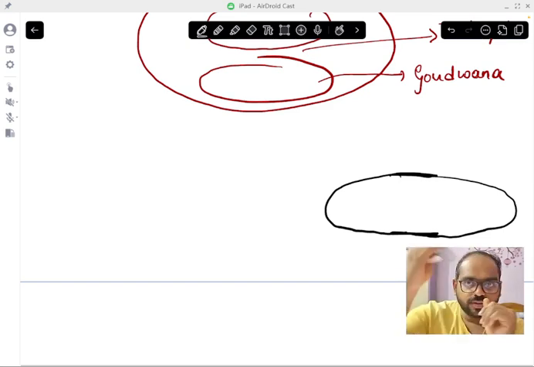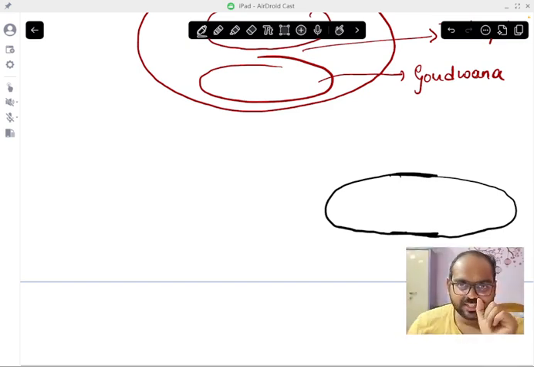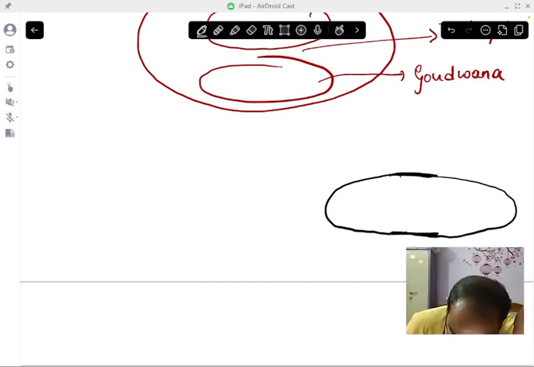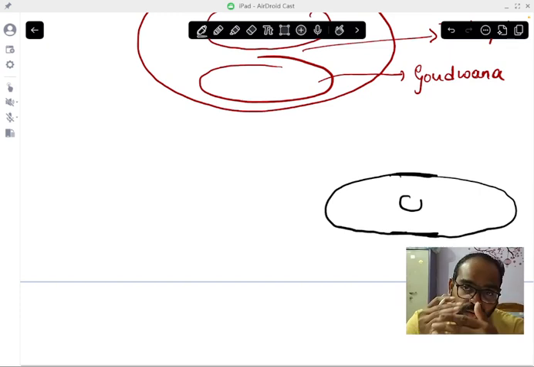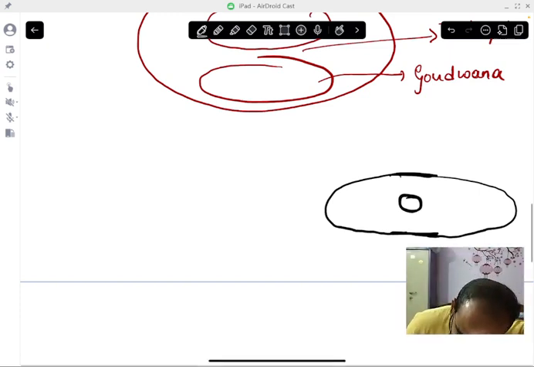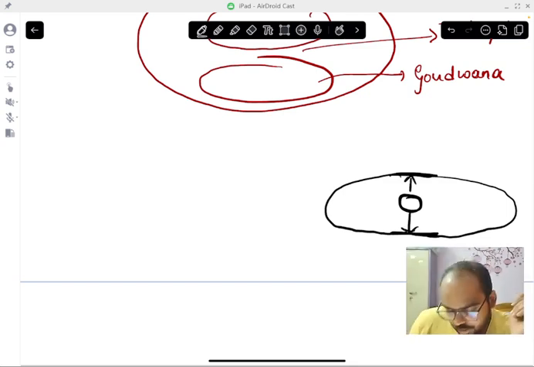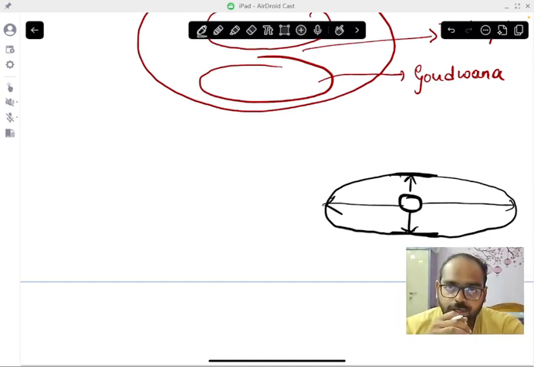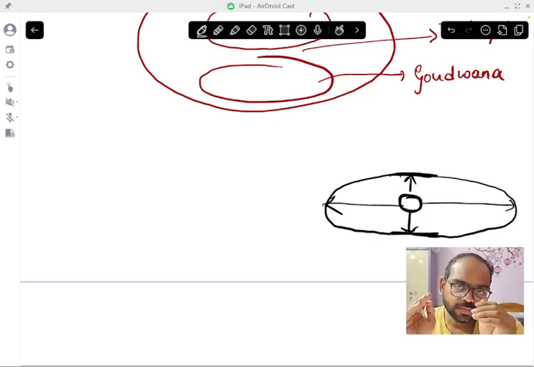As we move from crust to core, the density of the material increases. As the poles are flattened, the core is much nearer to the poles and far away from the equator.